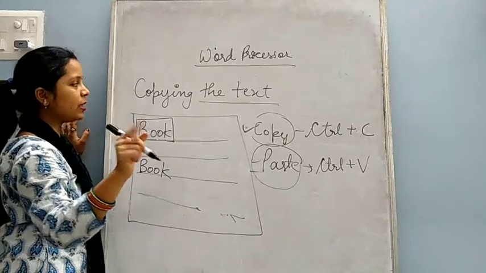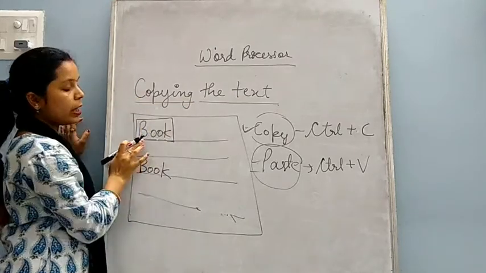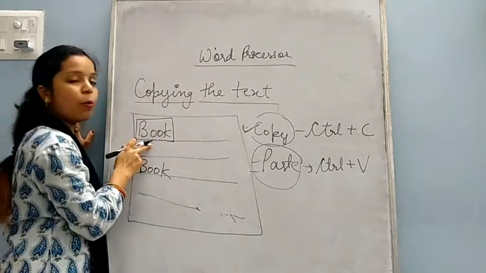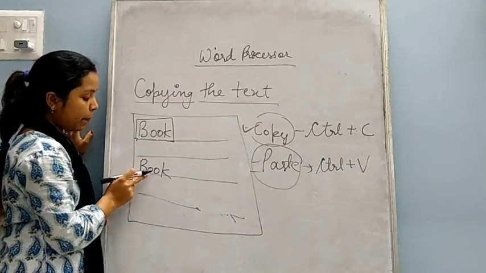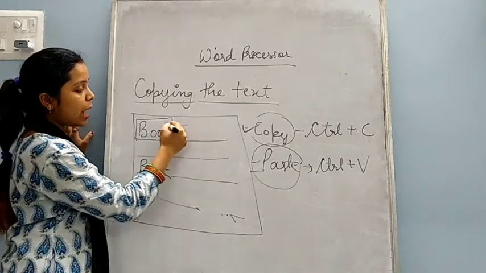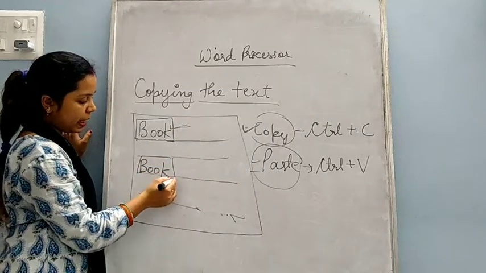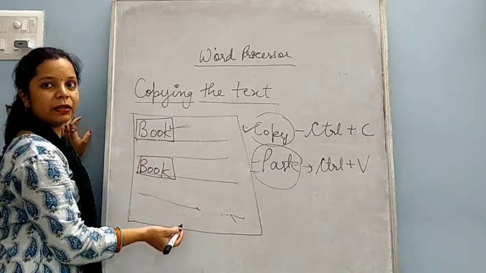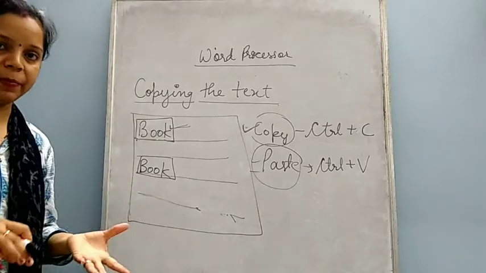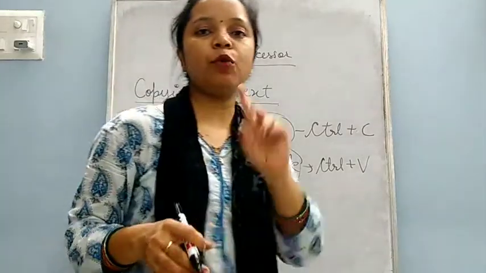But only one difference is there. In moving, the word was removed from the original place. But in copying, the word is at the original place also and a new copy is created at the new place. This is known as copying.